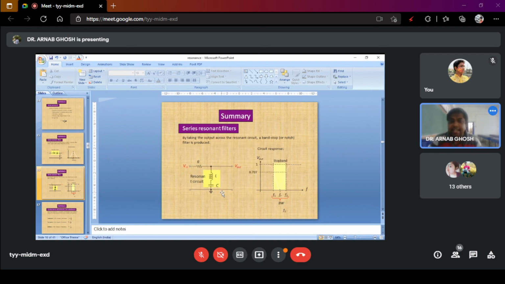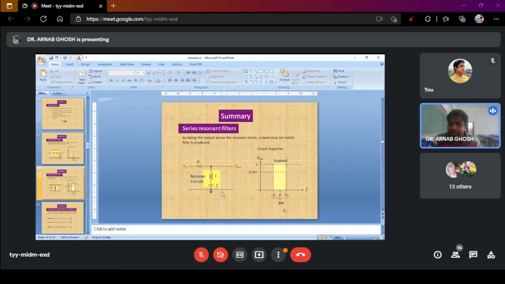And this is the structure of a band reject filter. This band is the stop band, band stop or band reject filter. So at this point, no frequencies in this frequency range are allowed to pass through. So we call this a band stop or a notch filter. Okay, so please note it down.